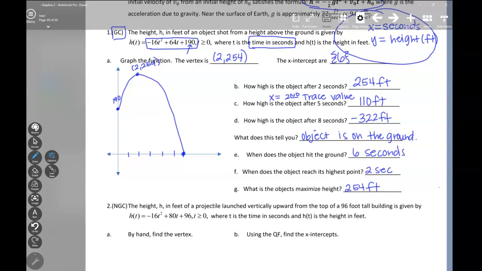Can you give me an example where this particular parabola would not fit? Like, can you give me a real world example? Wait, what? A real world example where this wouldn't work? Probably like skydiving or cliff diving.